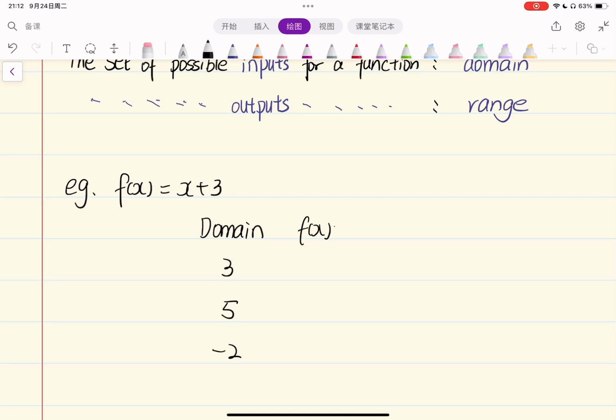We substitute 3 into the function, that is 3 plus 3 equals 6. And 5 plus 3 equals 8. Similarly, minus 2 into the function, that is minus 2 plus 3 equals 1. 6, 8, 1, that is what we call the range.